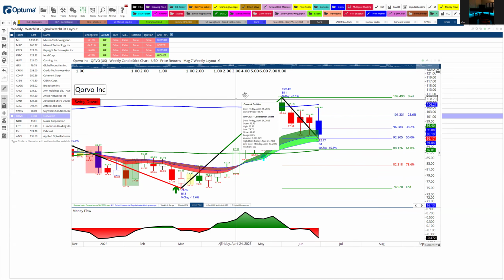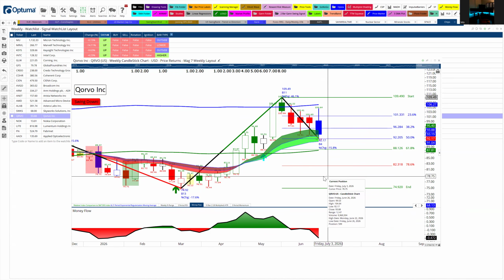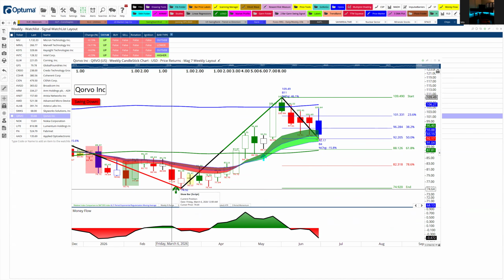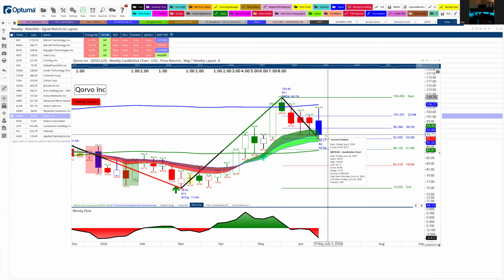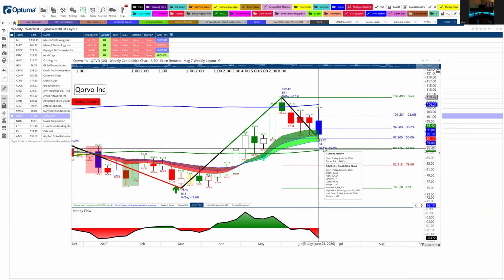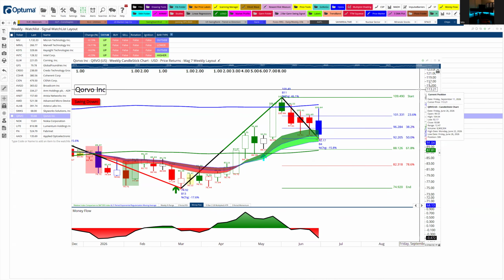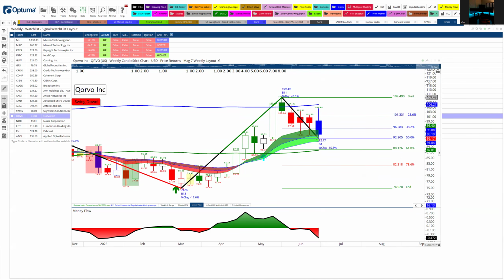Unless it's just gonna roll over hard, that's another thing. But it's a nice buy signal here, made a pretty decent recovery on the way back up, but we'll see. I'll take a look at them Monday and see how the session goes.